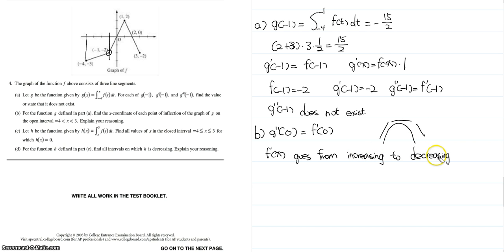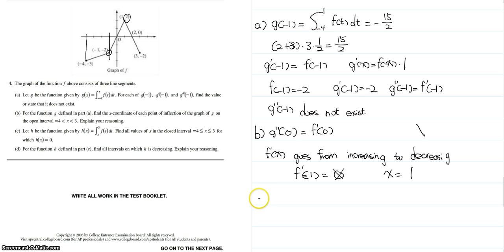Technically speaking, at x equals 1, you don't really have a derivative. It does not exist because you have a sharp turn. But since this is the only point where f goes from increasing to decreasing, this is the only point available. So the only point where g has a point of inflection is when x equals 1.